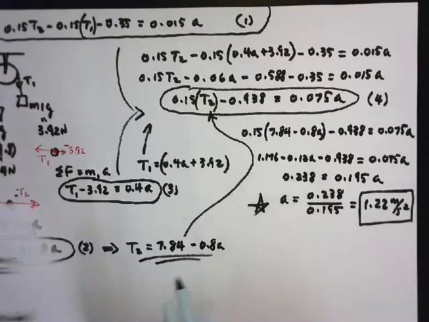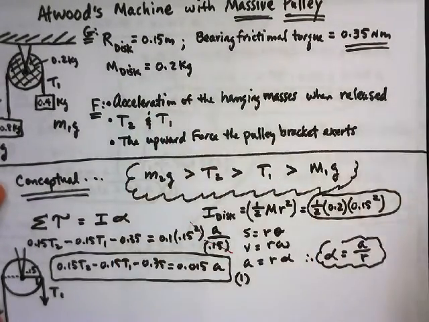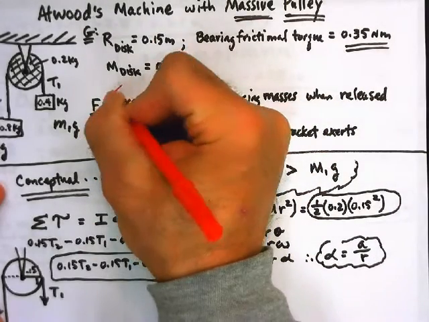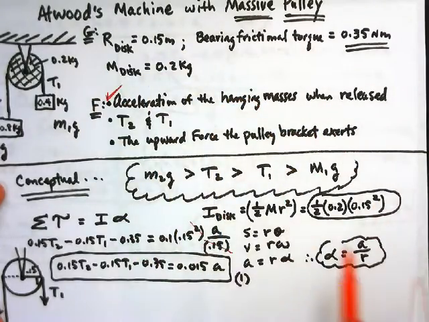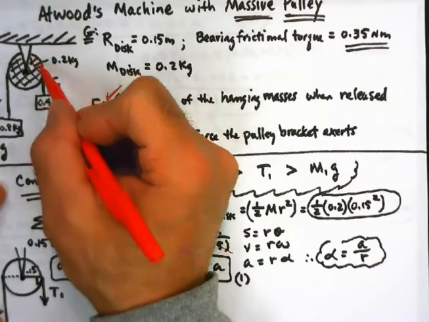Okay, now if we think back to our original problem, we got the acceleration taken care of for the hanging masses. And since there's no slippage in the string, that also means that that's a linear acceleration along the curve.